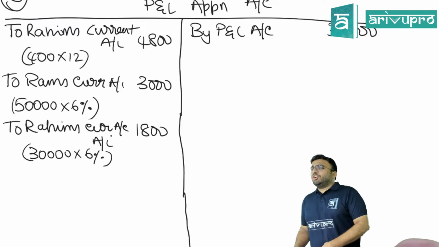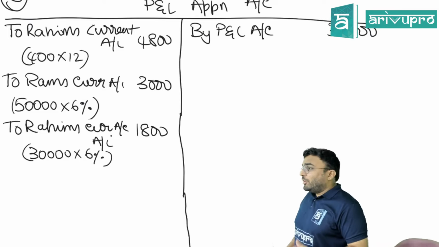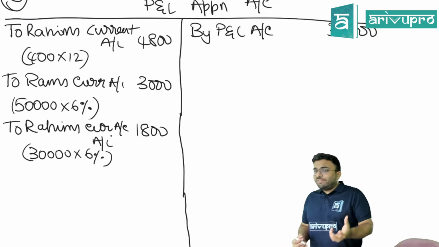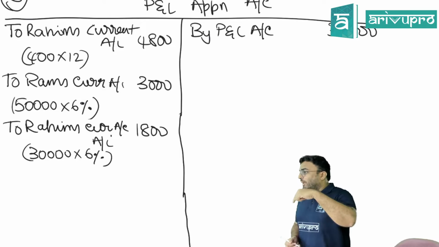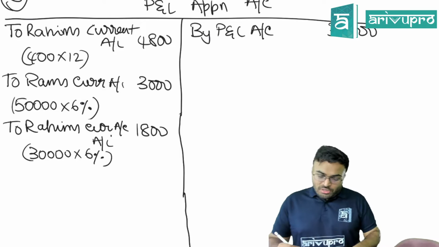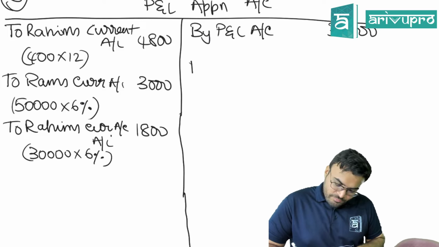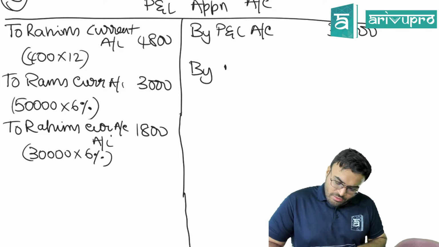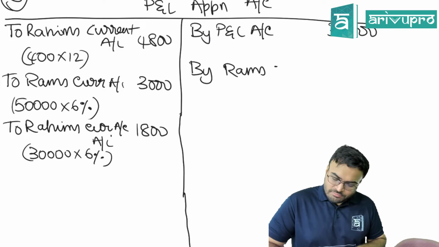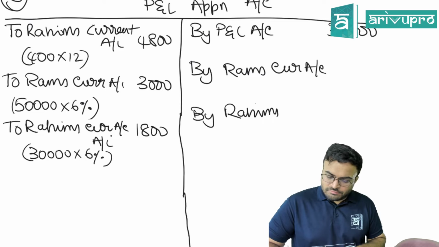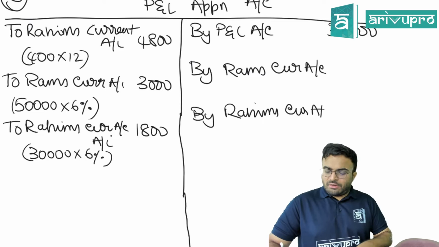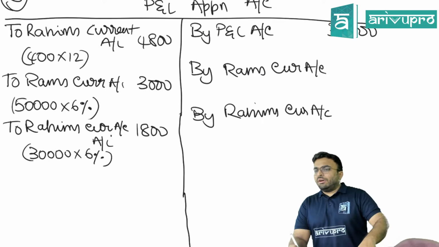Now, is there interest on drawings? We cannot distribute this profit yet because this profit will increase, because there is interest on drawings. So by Ram's current account, by Rahim's current account.